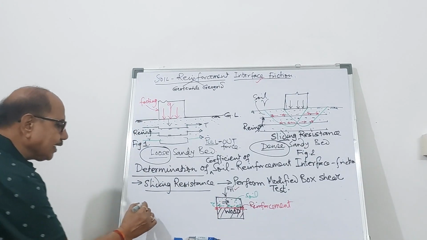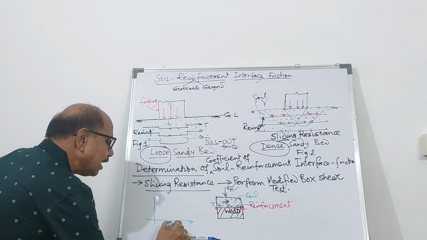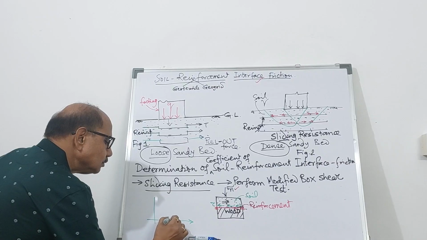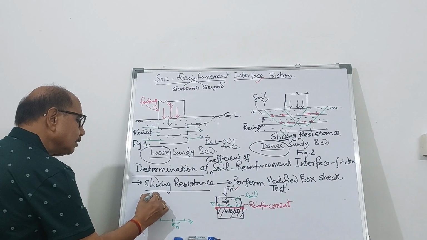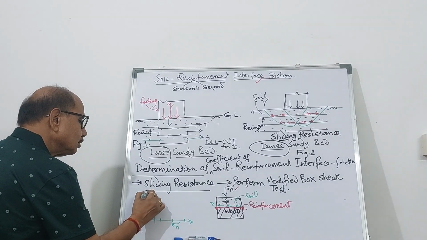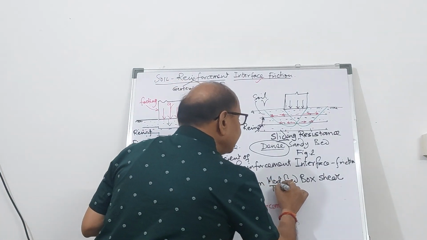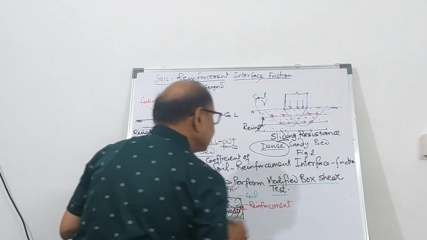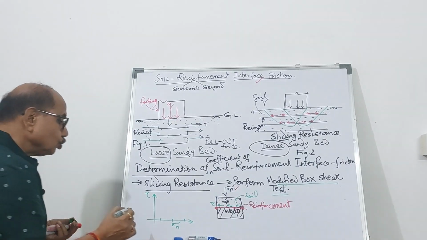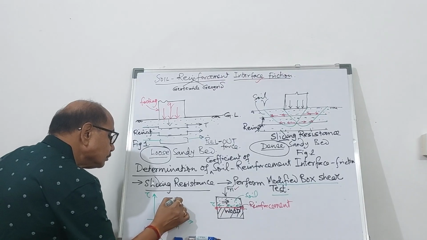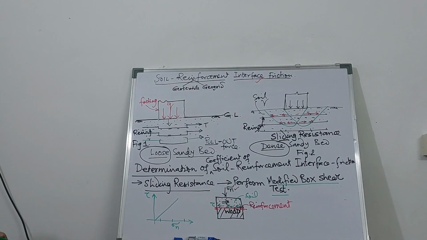Now if you take a graph paper and if you have sigma n and you plot this tau by performing the modified box shear test, the sliding test, you will be getting a straight line like this.